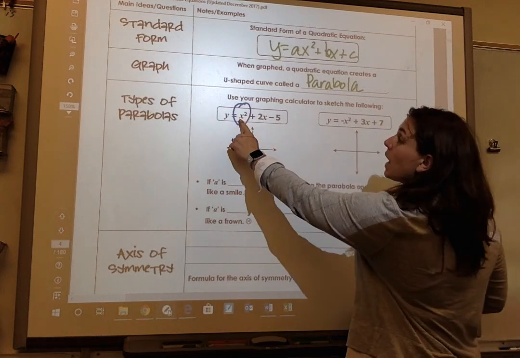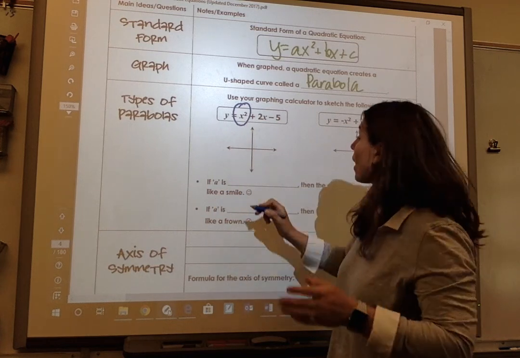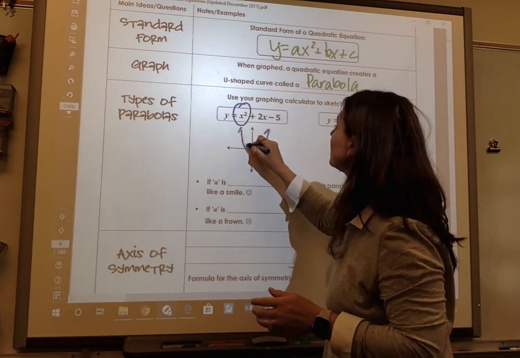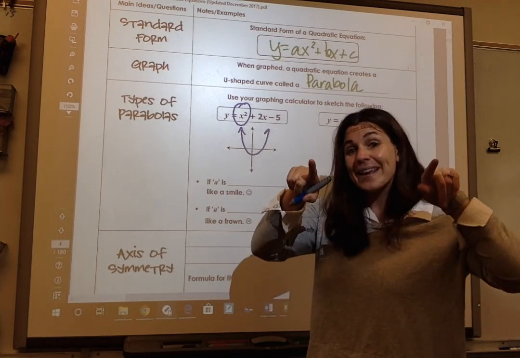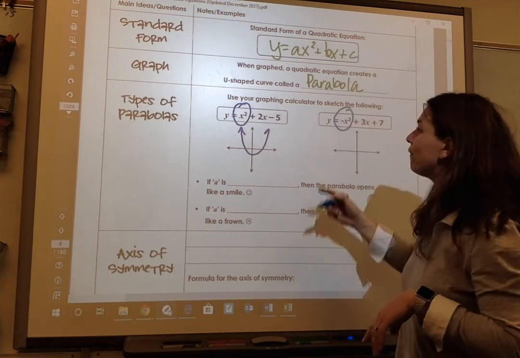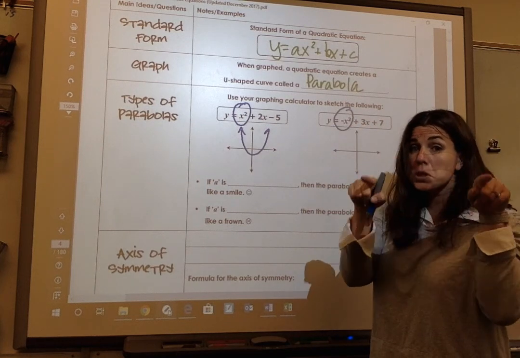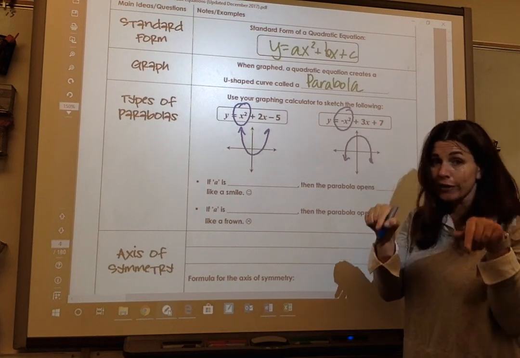When this coefficient is positive, my parabola is going to create like a smiley face. It's positive, it's happy. When this coefficient is negative, it's sad, and it's going to create like a frowny face.